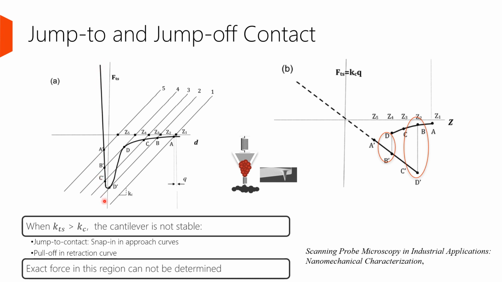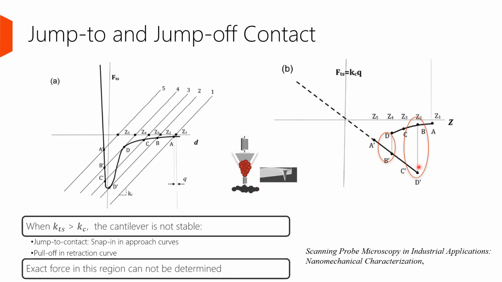In the backward modulation, when it's at D prime, KTS is again larger than the spring constant Kc. So the cantilever is again not stable, and it jumps from D prime to B. This is the so-called pull-off effect, or jump off contact.